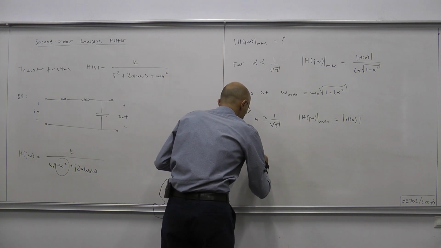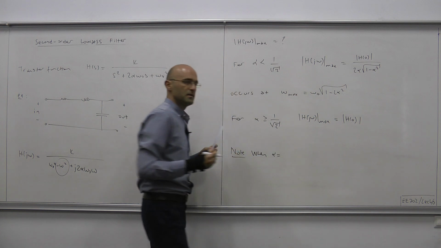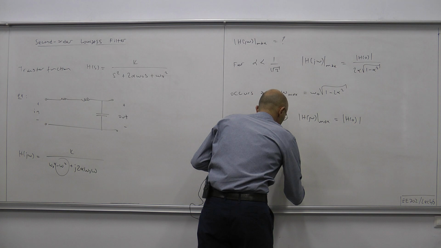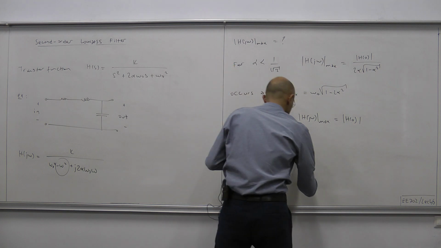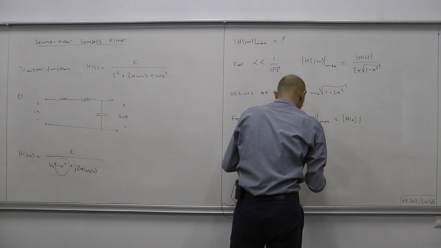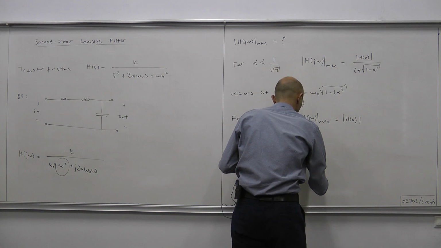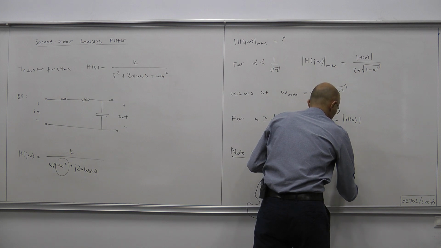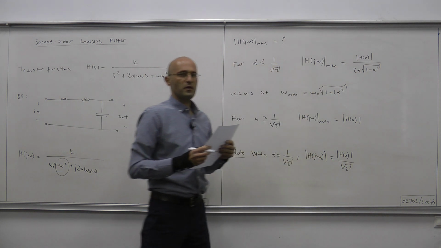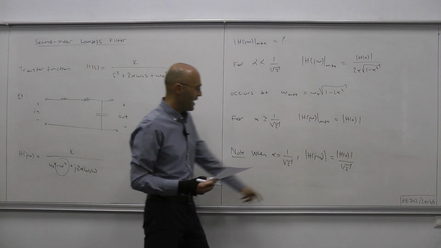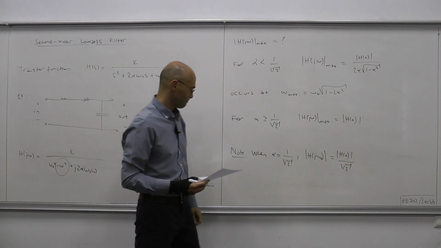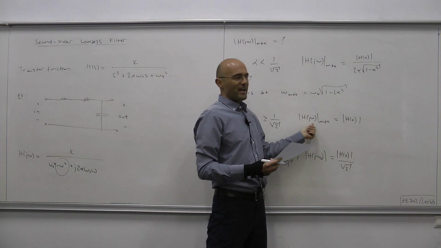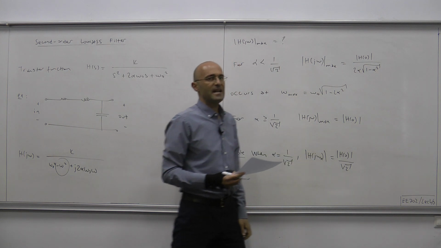When alpha equals the border value, alpha equals 1 over square root of 2, then |H(j omega 0)| equals |H0| divided by square root of 2. So that's easy to check. And |H0|, when alpha equals 1 over square root of 2, is the maximum value that the gain can attain.